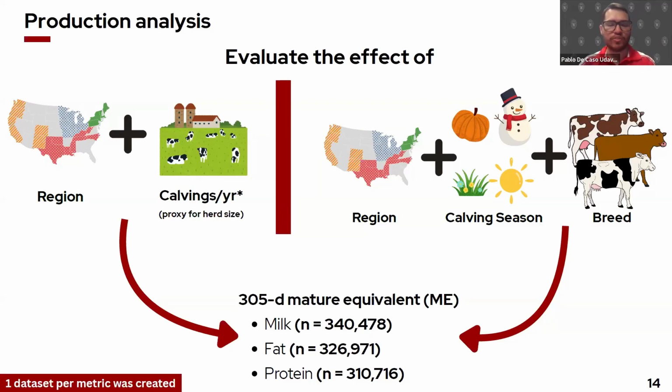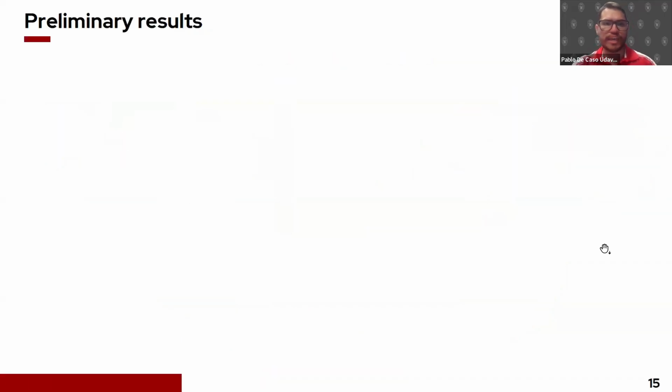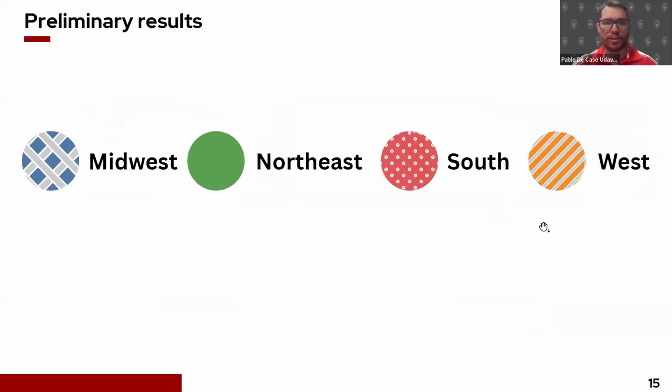So these metrics help us give a very fair comparison across different herds and across different parities for these specific characteristics. And for the sake of time, I'm only going to be presenting the results for milk production.